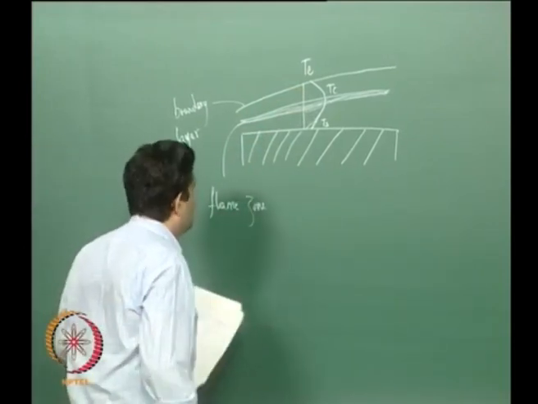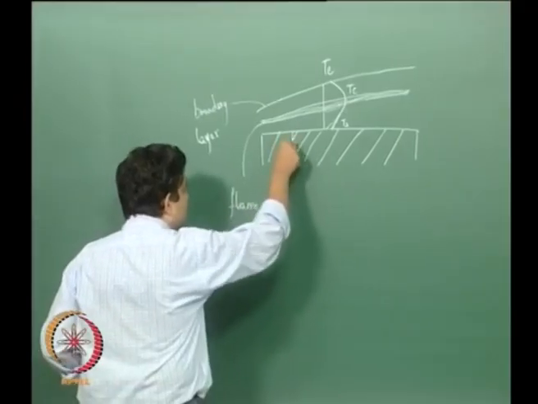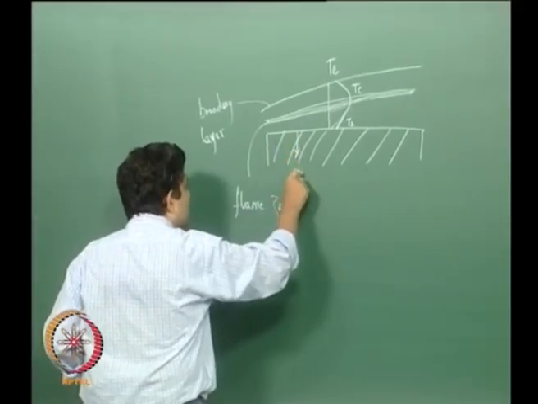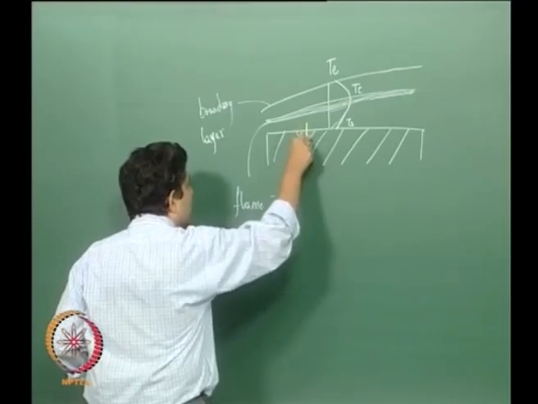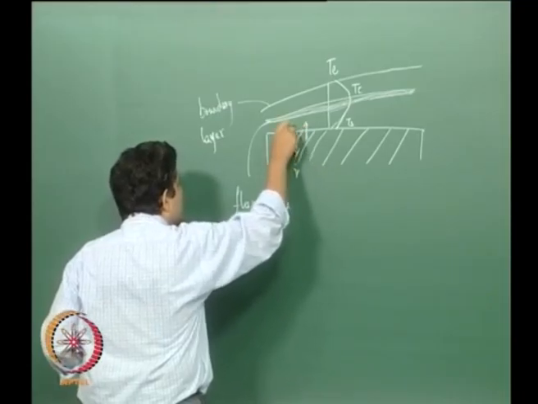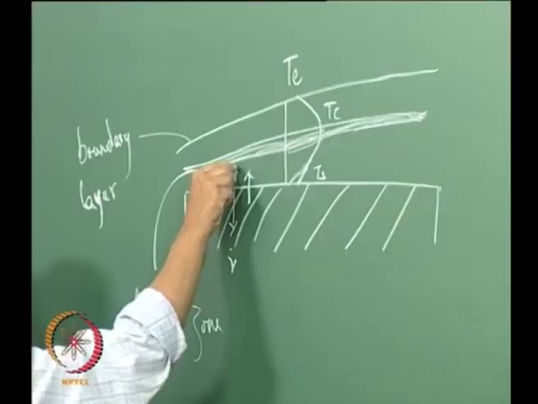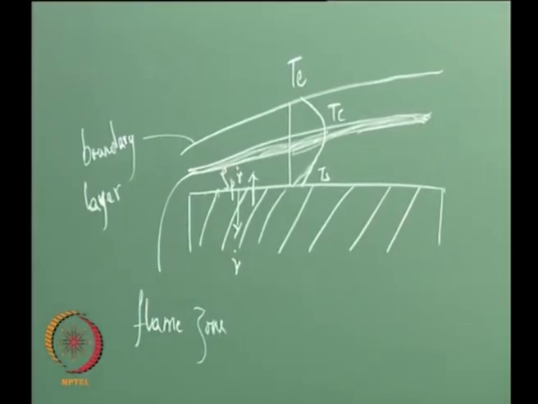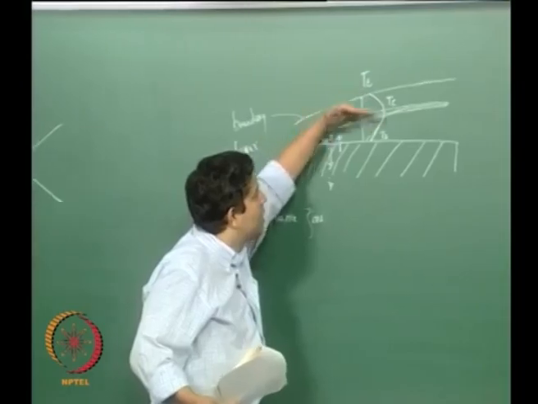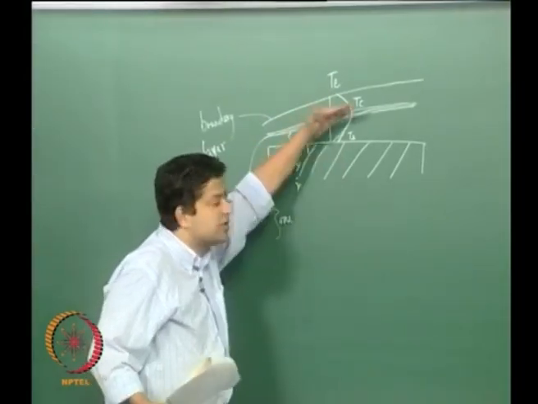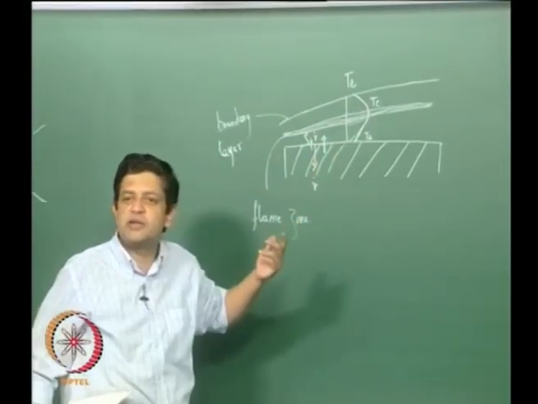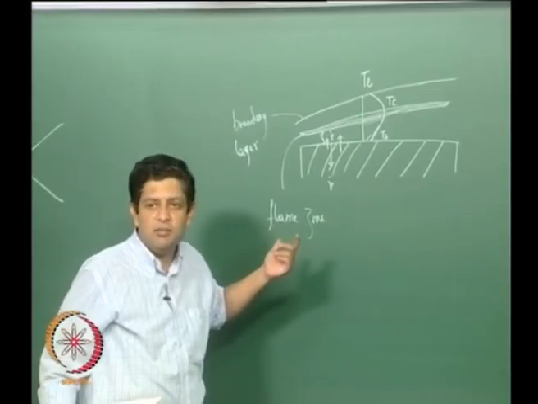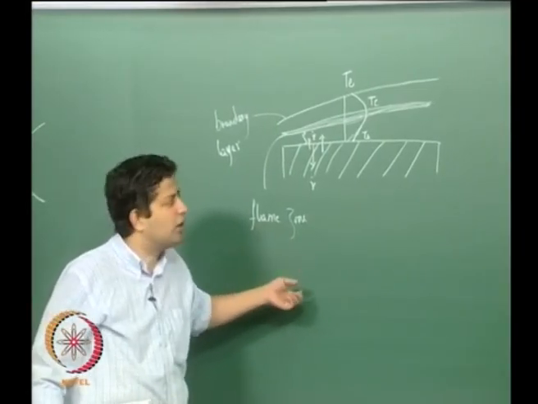Now the propellant burns in this direction, and because of that there is a mass addition given by rho p r dot. Mass is getting in, and there is something known as the blowing effect that we had discussed when we were discussing erosive burning in solid rockets.